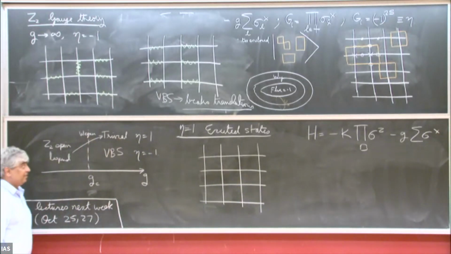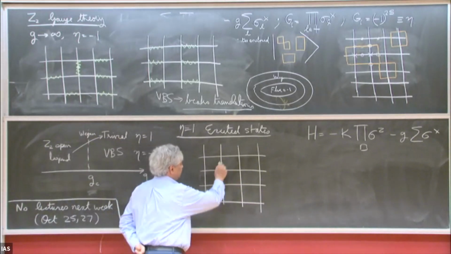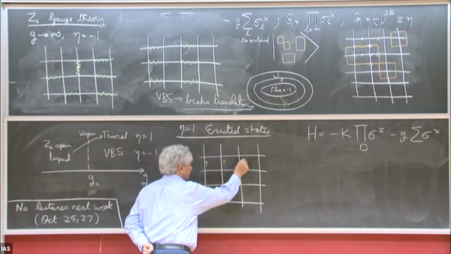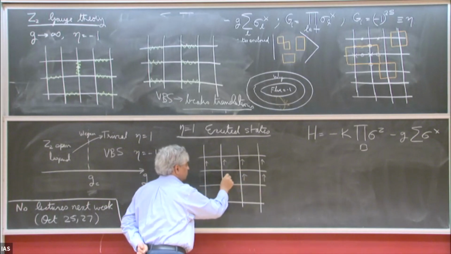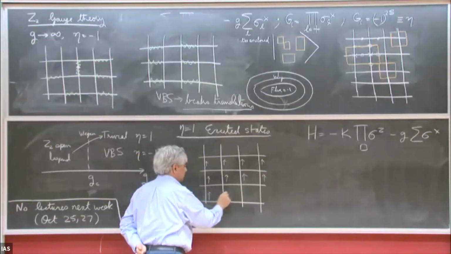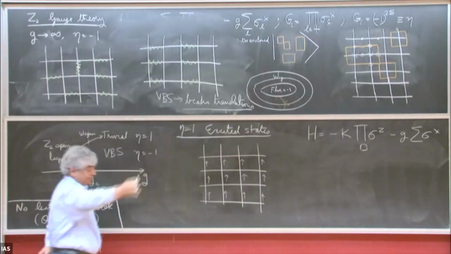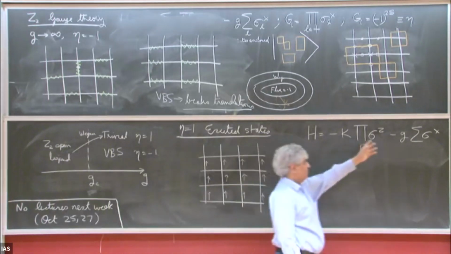A little more subtle for eta equals minus 1. So the ground state is all spins up in some representation. So there's no loops anywhere. That's one of the allowed states in the expansion. And that was at k equals infinity or g equals 0.